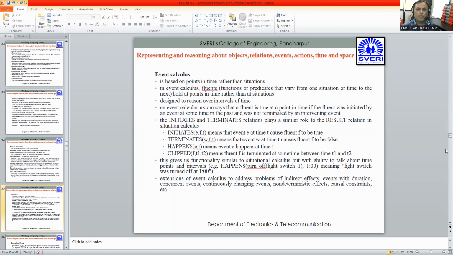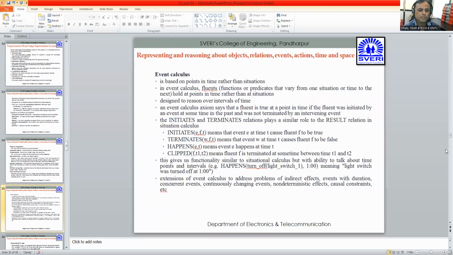The second most important point is that Initiates and Terminates are two things which have relationships and similar roles as in situation calculus. So in both it is almost the same. Now, what is Initiates? Event E happening at time t causes the fluent F to be true. What is Terminates?